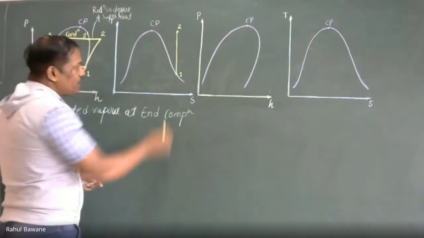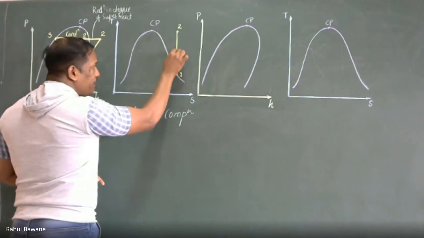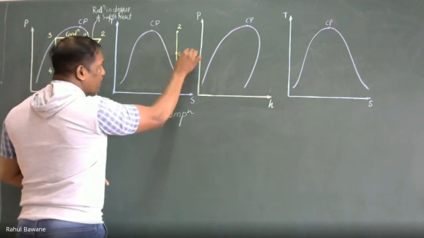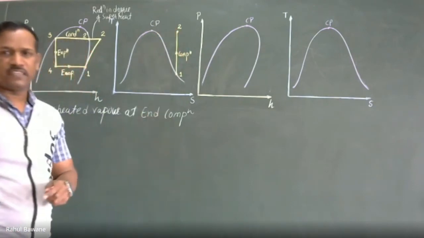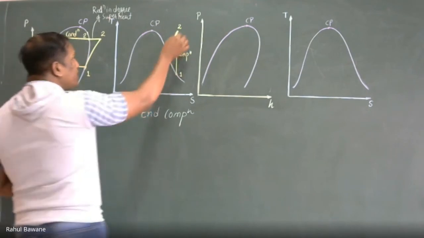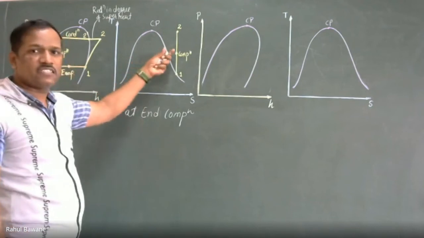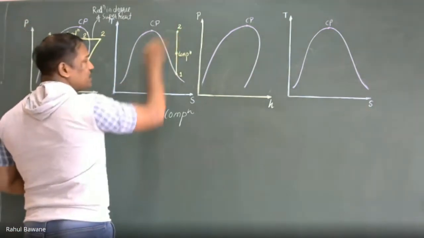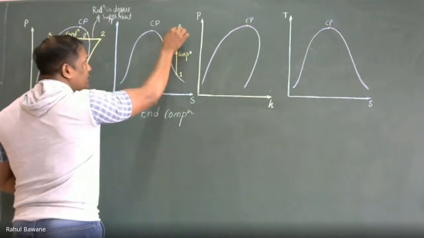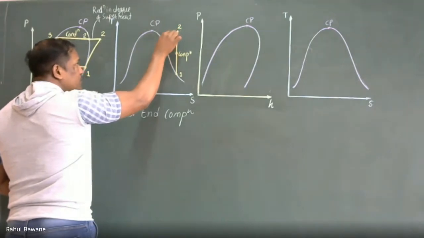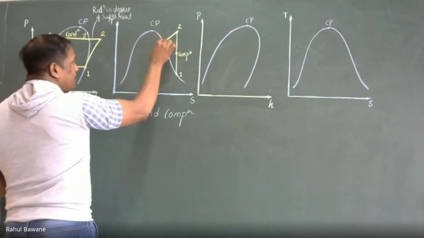Adiabatically it is compressed, and the outlet of the compressor is 2, which is superheated. Then I have to reduce the degree of superheat, which means I am extracting sensible heat. If I remove sensible heat, the temperature will definitely decrease. So point 2 is here, its temperature is higher, and this is 2 dash.